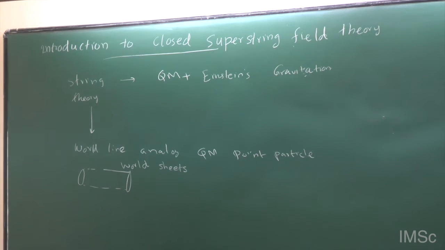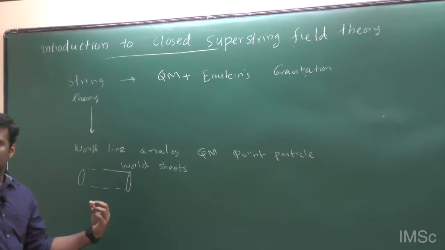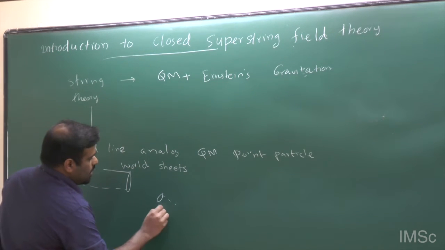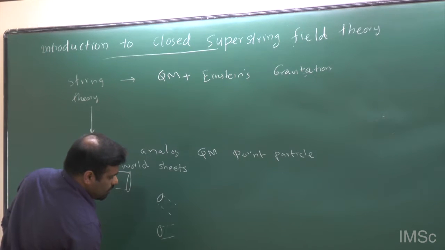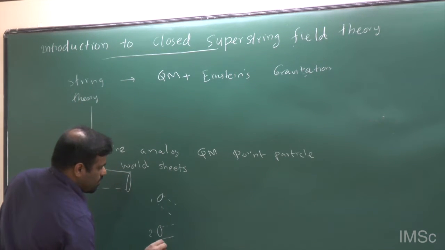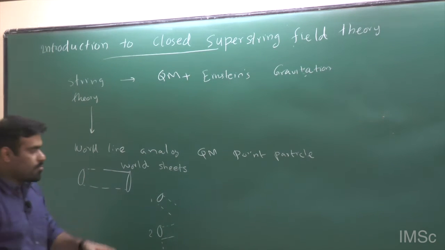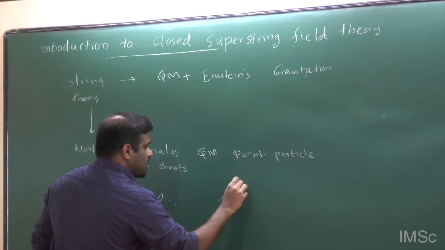So like in usual quantum mechanics, you can consider the scattering of different string states. Let's say you want to consider n1 number of states, and they interact, merge together, and then provide you a set of final states, say n2 number of final states.